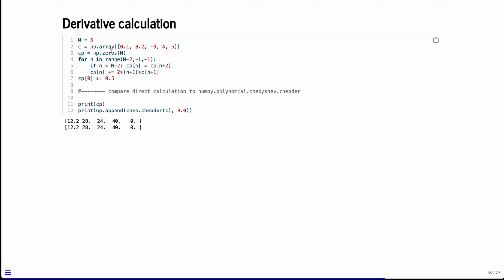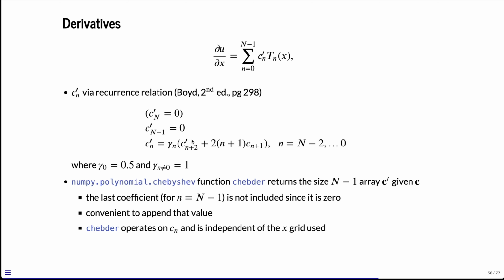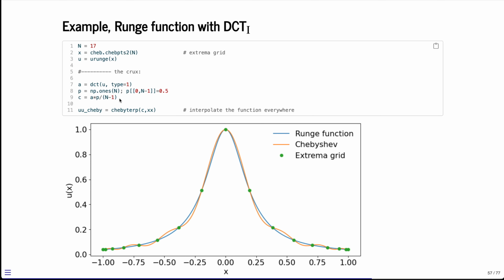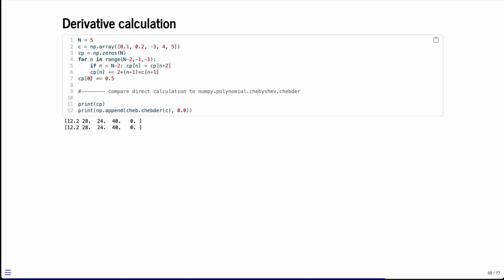So here's an example of using that recurrence relation. For n is 5 points, we'll just create an arbitrary array of C's, and then the C prime will initialize and then just loop through applying that recurrence relation. Here we don't formally create the gamma array, it's just ones except for the 0th element, and so we just apply that here, times equals 0.5.